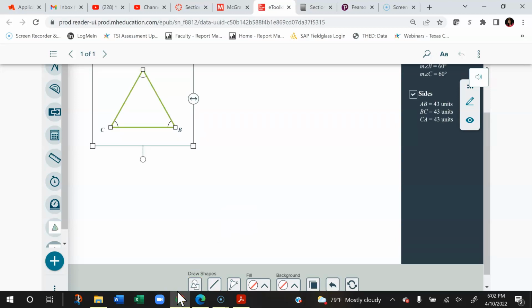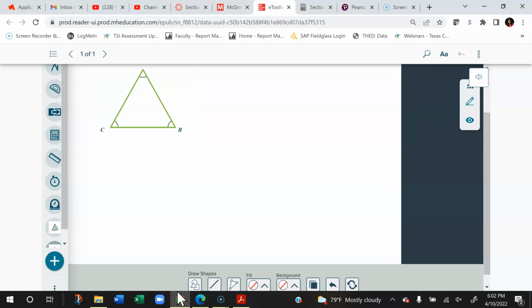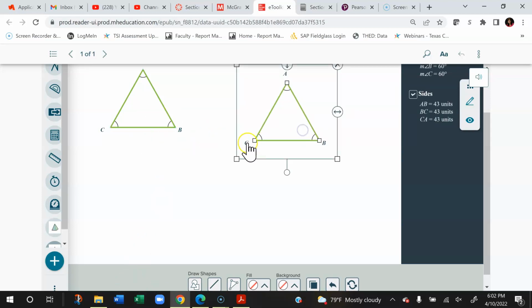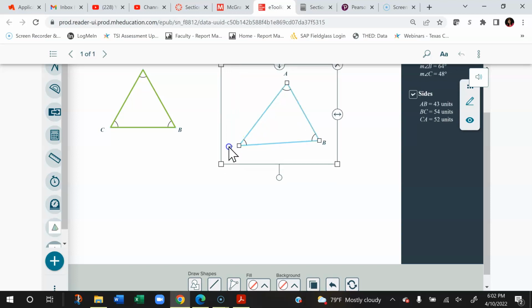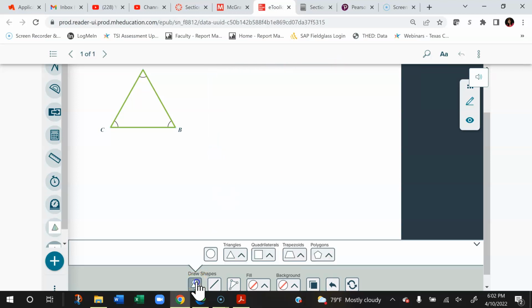So this triangle would be similar to another triangle. Let me start that over.